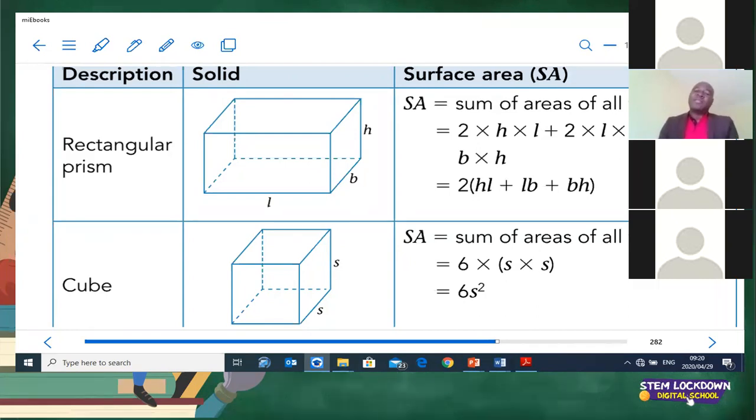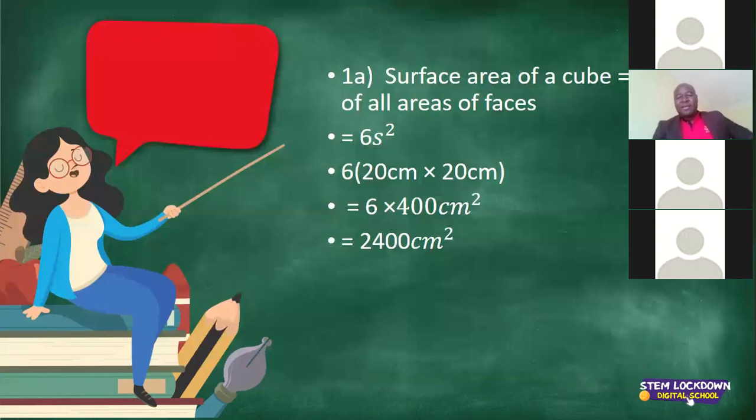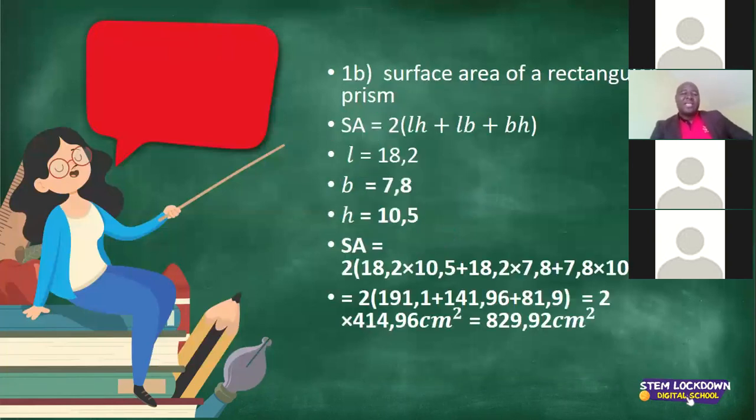Now, 2 times HL, 2 times LB, 2 times BH. Take 2 as a common factor there. You've got 2 open brackets, then you take each area, you add it with the next and the last one. And then of course, that will give you the surface area. Even in this case, that is what we have done.